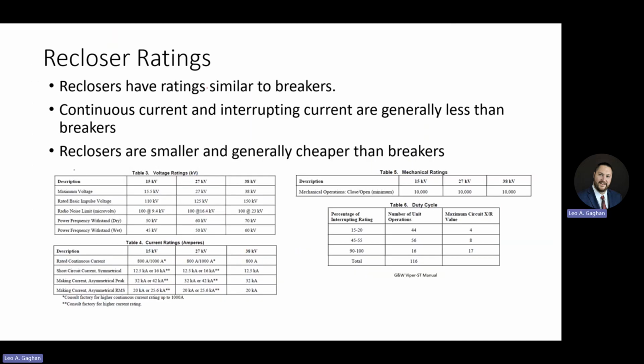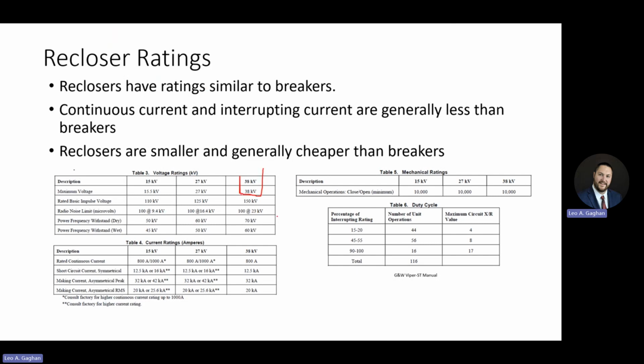So some recloser ratings. Almost all the same ratings that you would see on a breaker nameplate. The continuous current and interrupting currents are generally less than breakers, right? Makes sense. They're quite a bit smaller, quite a bit cheaper. But some typical ratings on here. You might have a 38 kV recloser.